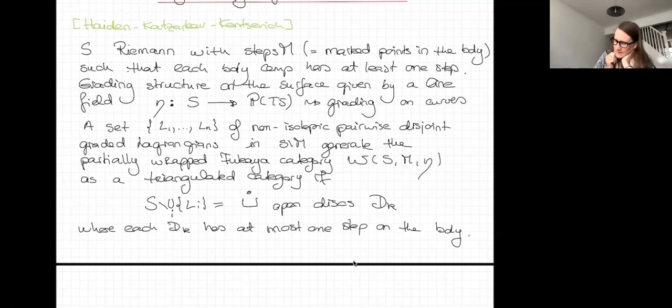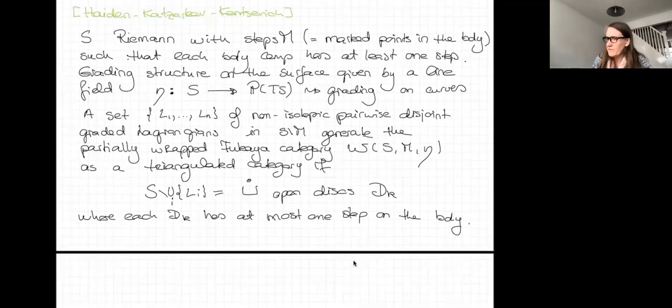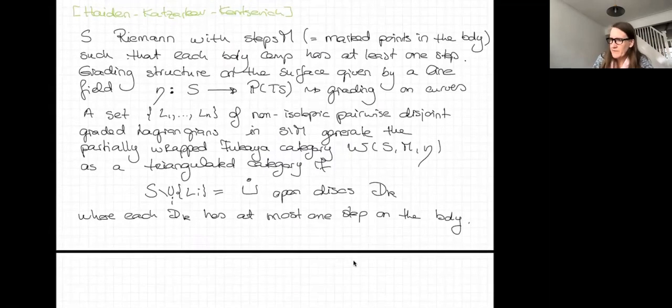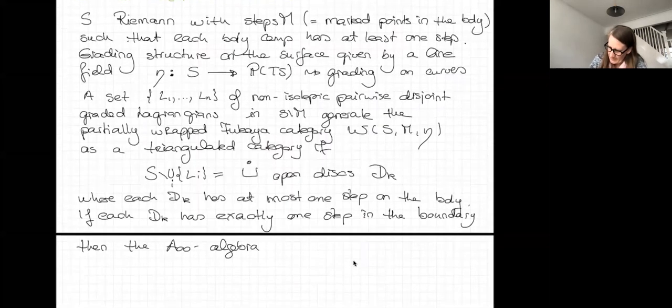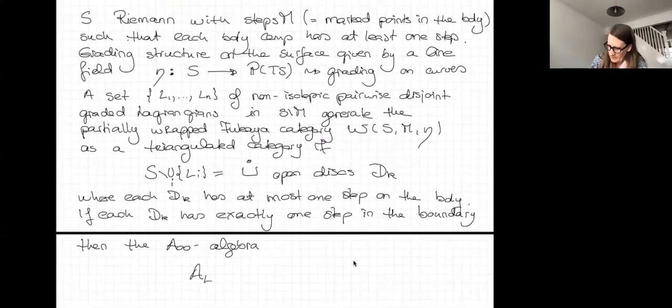this is a generating set, but the corresponding A infinity algebra might not be formal, so there might be higher multiplications, and they give a criterion of when this A infinity algebra is actually formal, namely if each dk has exactly one stop in the boundary, then the A infinity algebra, which is given combinatorially really in their paper.